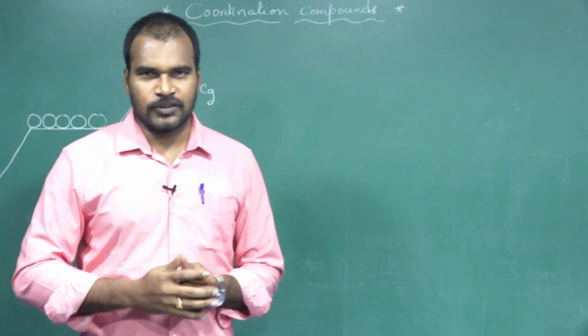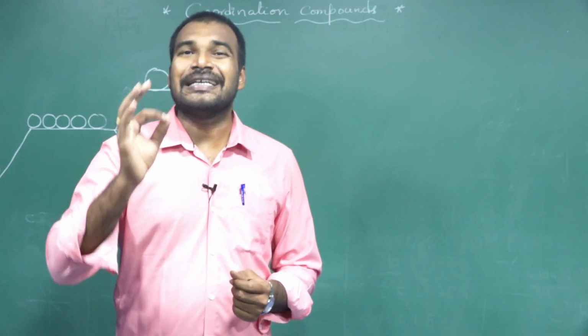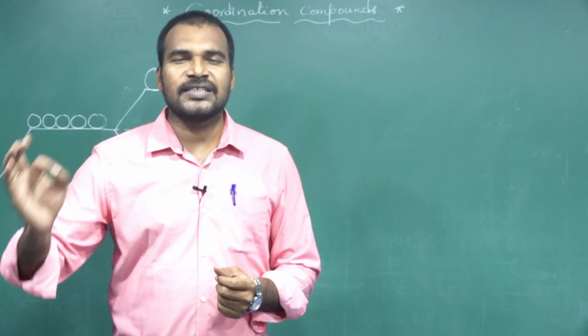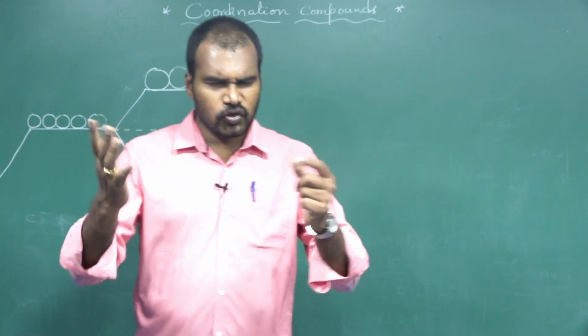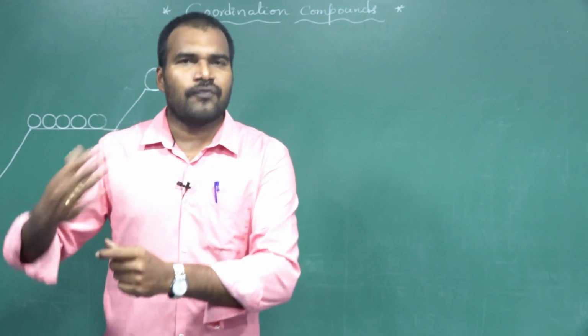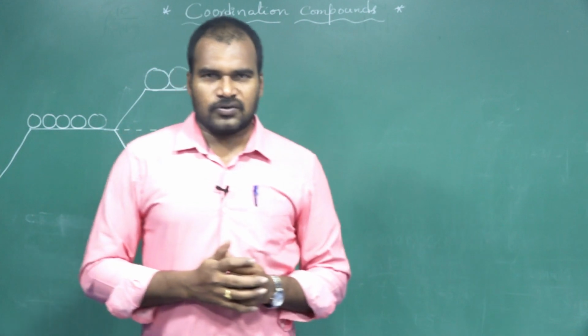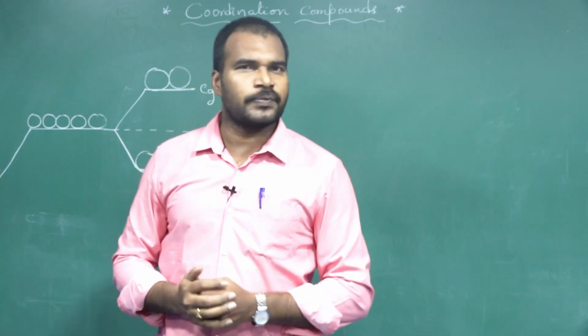Isotropic field. So once again, isotropic field means the filling of electrons in d orbitals in the absence of ligands is called what? Isotropic field. So in case of isotropic field, they generally follow all the rules we follow for filling of orbitals. That is Hund's rule, Aufbau principle, and Pauli's exclusion principle.